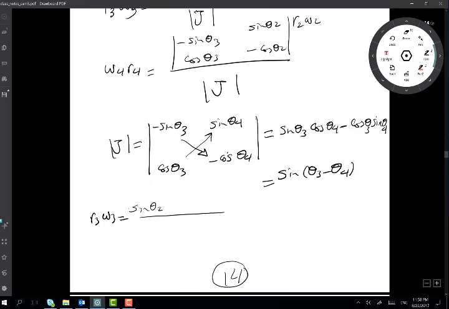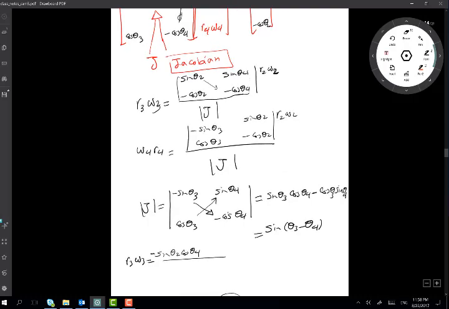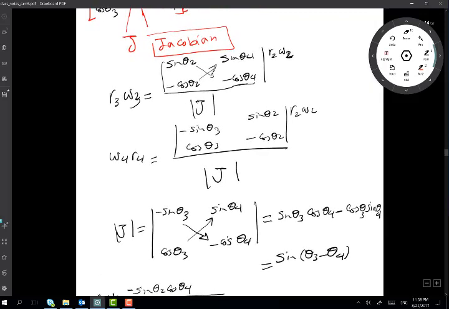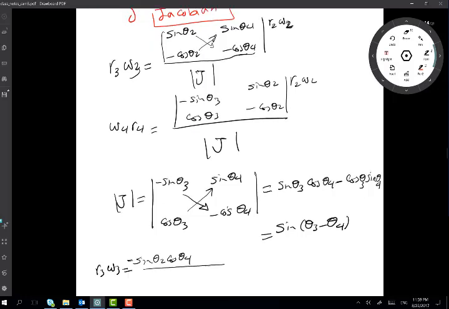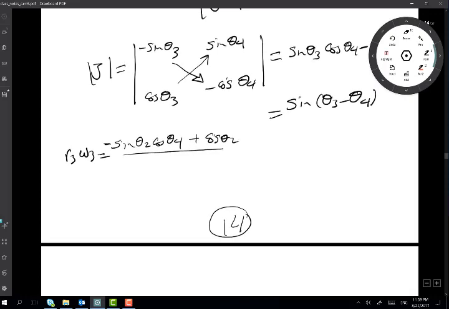So I'll put the minus outside: cosine theta 4. And then these two multiplied, minus times minus, would be positive cosine theta 2 sine theta 4, over the Jacobian determinant, which is this difference.